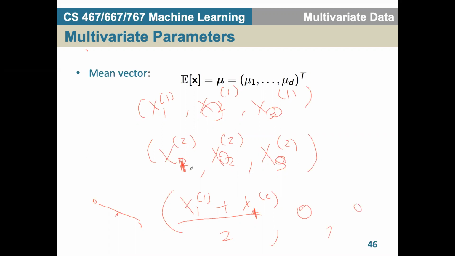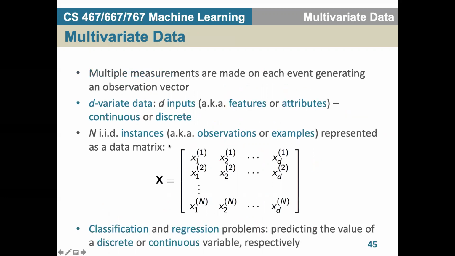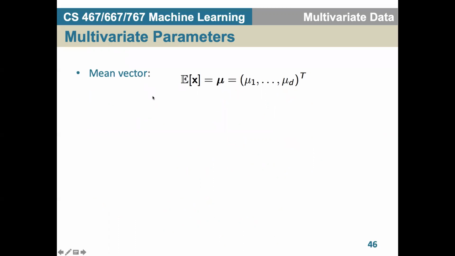Maybe it's not so clear, so we can use another notation here. If you are more familiar with three-dimensional space using XYZ, then we can say something like this. If you have x1, y1, z1, this is the first point.